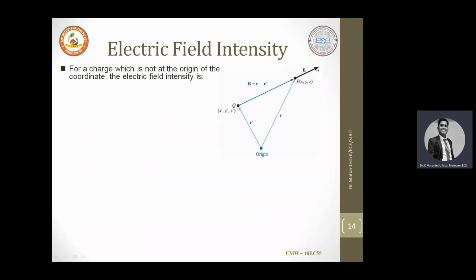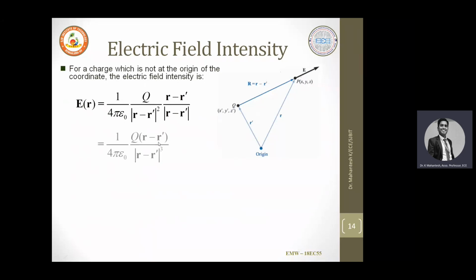The electric field intensity at this point P(x, y, z) can be measured as 1/(4πε₀) Q/|r − r'|² aR. aR can be represented as (r − r')/|r − r'|. So |r − r'|² times |r − r'| becomes |r − r'|³.